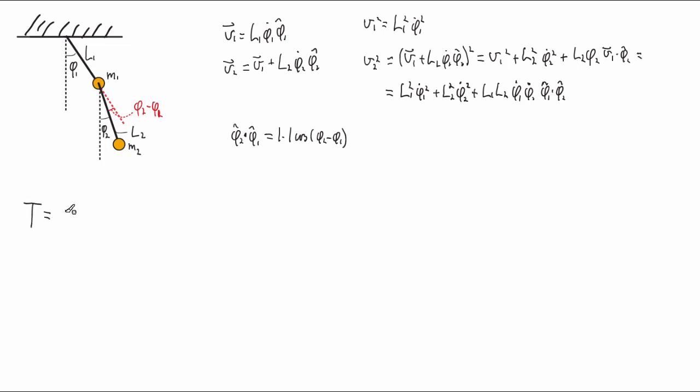So T equals 1/2 m1 v1 squared plus 1/2 m2 v2 squared. And then if we just plug everything in, we get the following after a little bit of work. The reason it's m1 and m2 here is, of course, that L1 squared phi 1 dot squared exists both in v2 squared and in v1 squared.